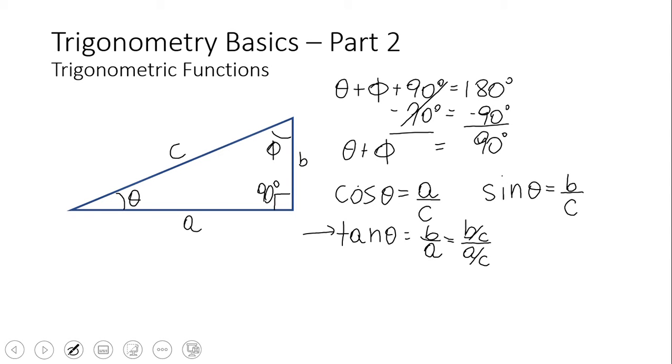And from algebra, you know that that doesn't change anything. But now we see that B over C, which is the numerator, is the sine. And A over C, which is the denominator, is actually the cosine. So there's a nice relationship between tangent, sine, and cosine, which tells us that if we know the sine and cosine, we automatically know the tangent.